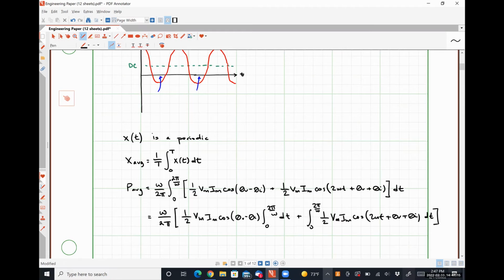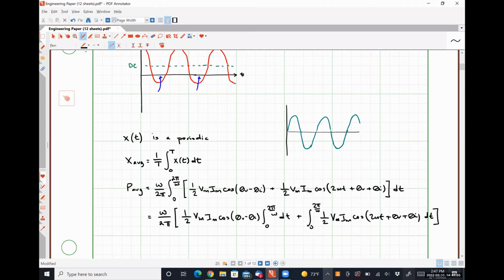So let's look at that right-hand integral. What does that integral represent? What does any integral represent? The area under the curve. Okay, so let's say that I have a sinusoidal function, and I'm integrating it over exactly one period.